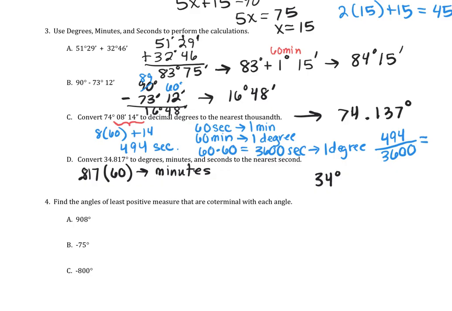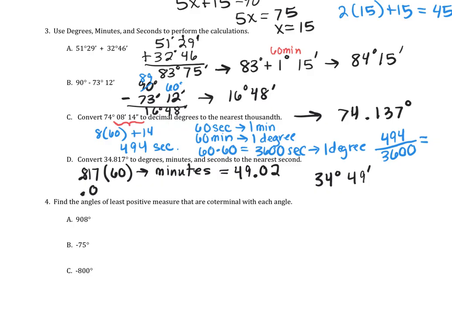After multiplying that, I get 49.02. Now, because of the 0.02, that's a partial minute. So I know I have 34 degrees, 49 minutes. That partial minute needs to be turned into seconds.